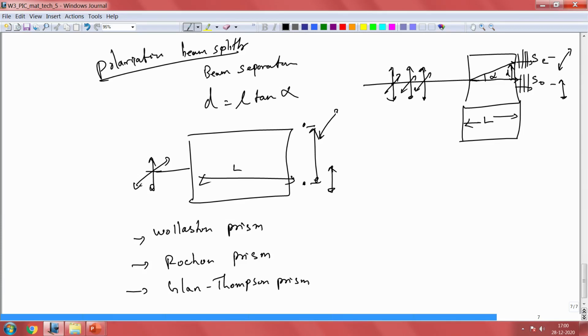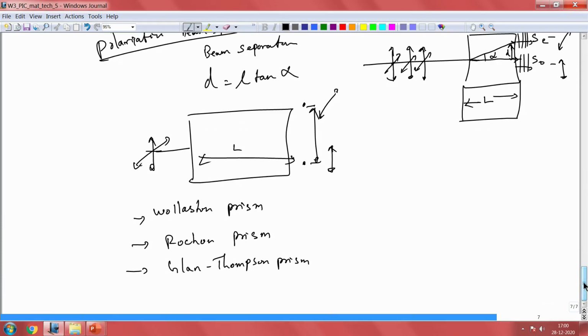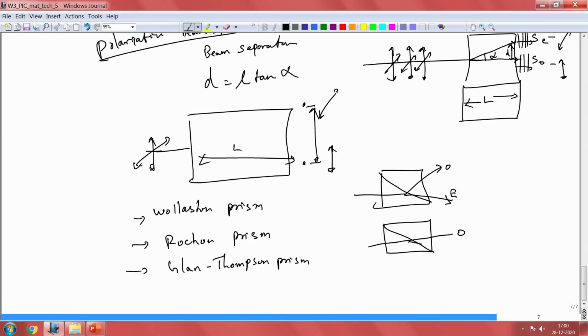All these prism configurations split the polarization. For example, the Wollaston prism is a configuration like this, where you get an ordinary wave here and an extraordinary wave like this, and in the other configuration again an ordinary wave here and an extraordinary wave here.